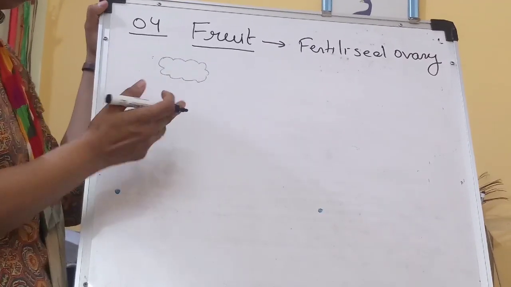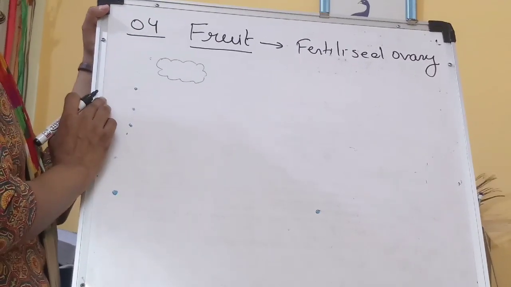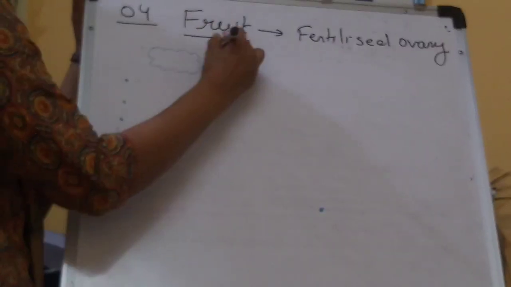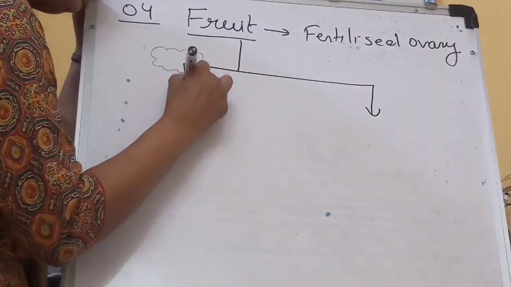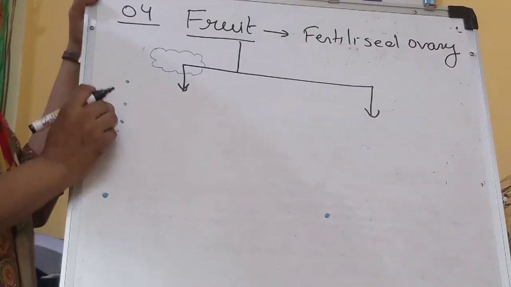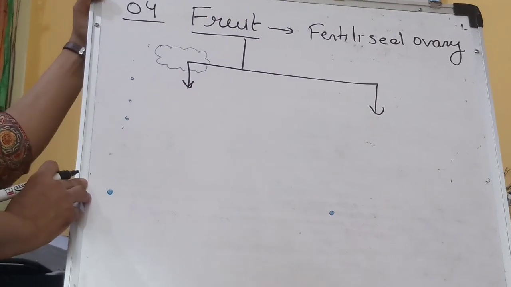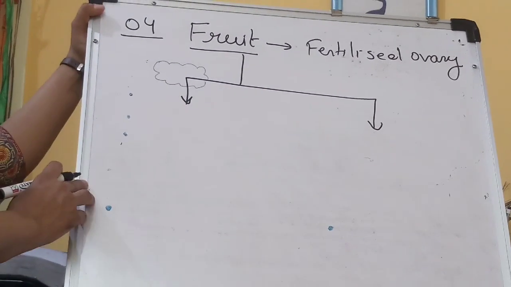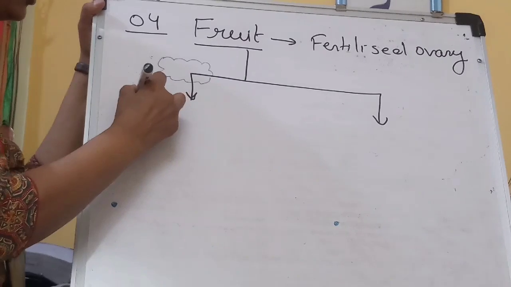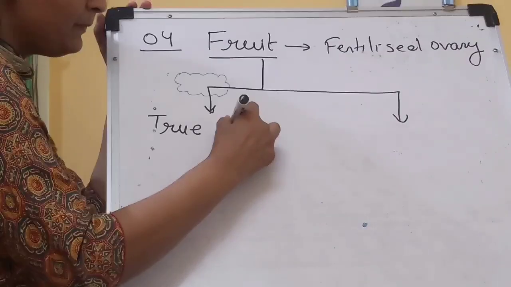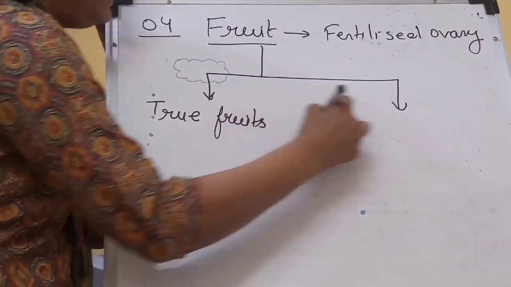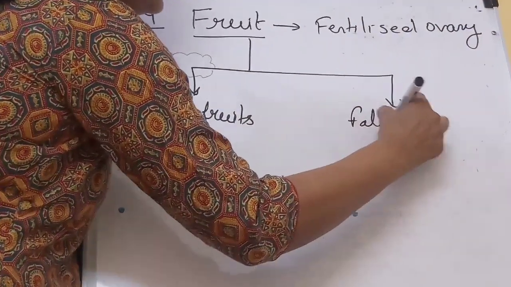You can refer to more detail in that chapter, but here it is only a small part because we are just understanding sexual reproduction in plants. So fruit is majorly categorized into true fruits and false fruits.